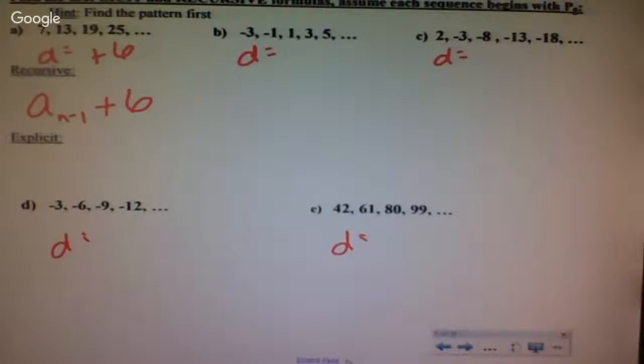So we come up with the explicit formula, which is y equals d times x. What's my d value? 6. 6x. It's going up by 6 every time. And where does my sequence start? 7. So I start at 7 and I go up by 6.